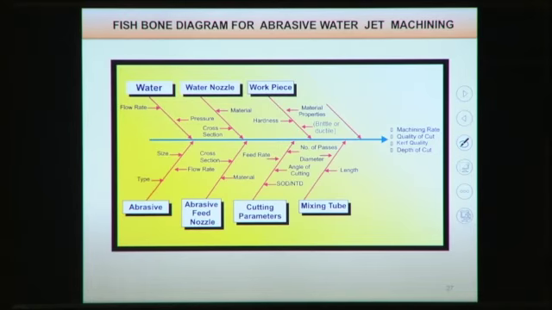Then the third one is the workpiece: workpiece hardness, workpiece material properties, brittle or ductile material. These are the parameters for the workpiece. Now abrasive type: what kind of abrasive you are using, what is the size of this abrasive, and what is the flow rate of this abrasive, all are important.